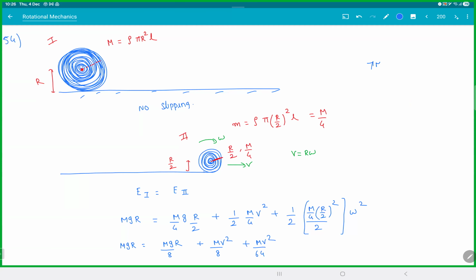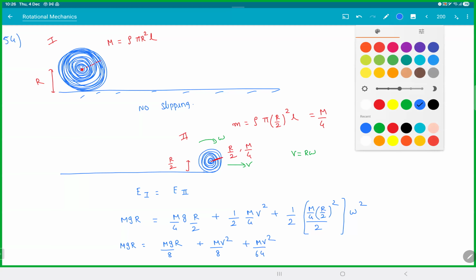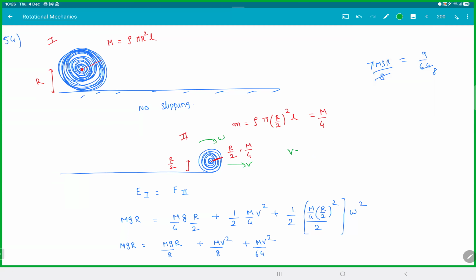That would be 7 mgr by 8 and 1 by 8 multiplied by 8, 9 by 64. Ha, I messed up. V is r by 2 omega. Remember, radius changed. So this is wrong.